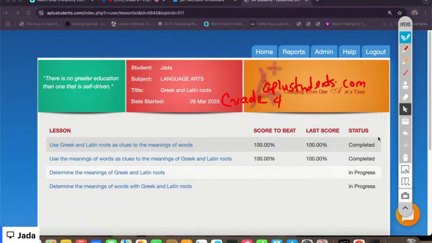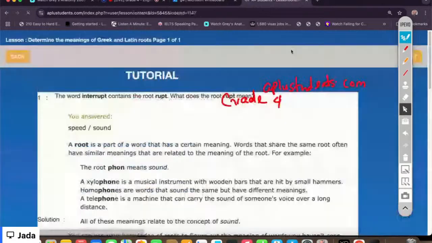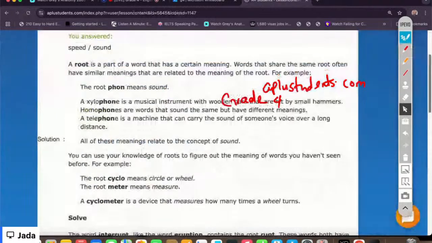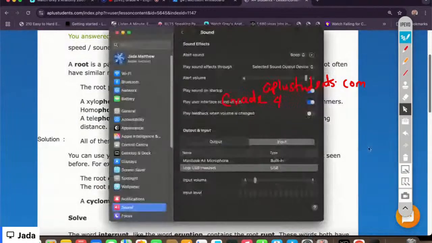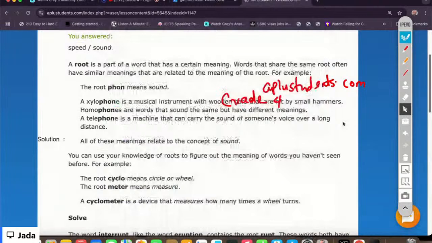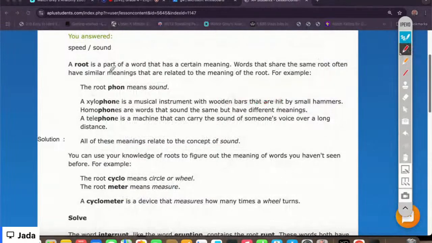Alright, so we will start now. A root is part of a word that has a certain meaning.